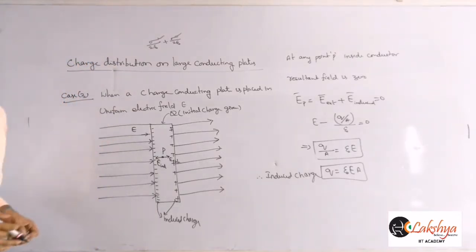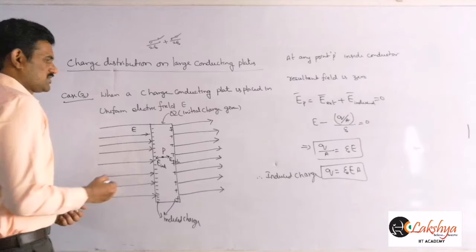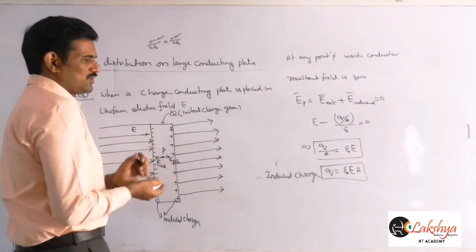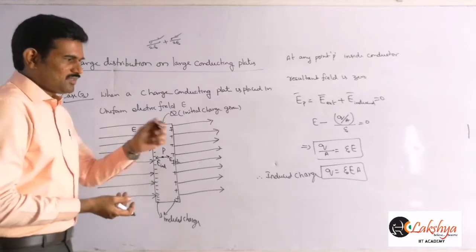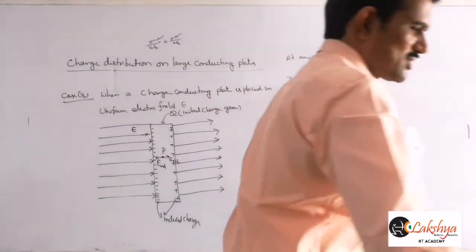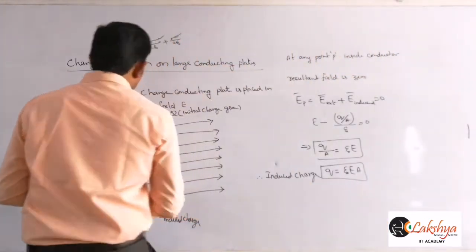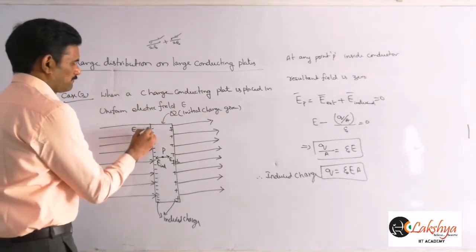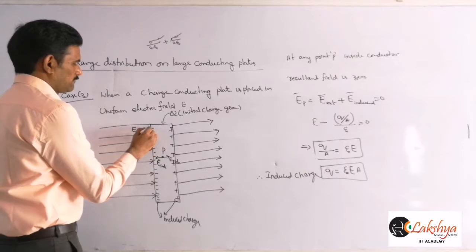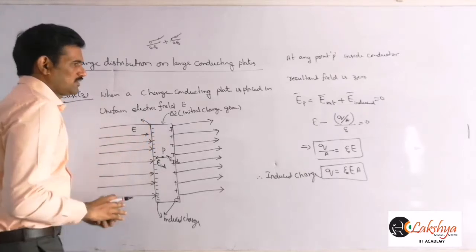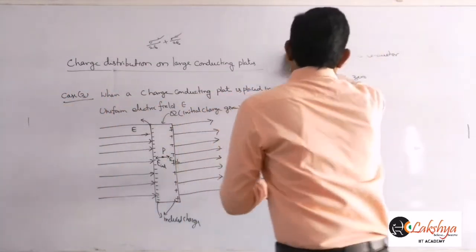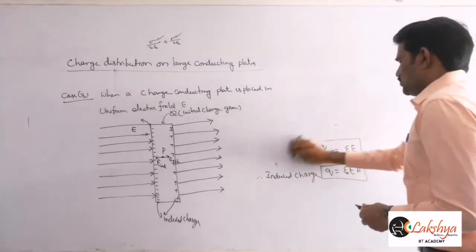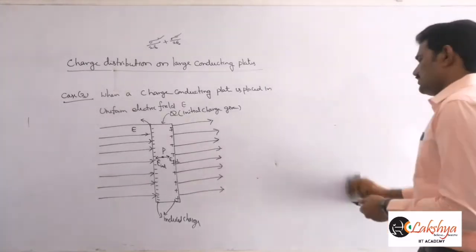Now additionally some induced charges will be there. So here on this side I am assuming the net charges. We know out of this, Q by 2 and Q by 2 will be on this. And so now the final charge we need to write here. Final charges on each side we need to write here. So this side the charge is Q by 2 plus small q, and that side will be Q by 2 minus q.